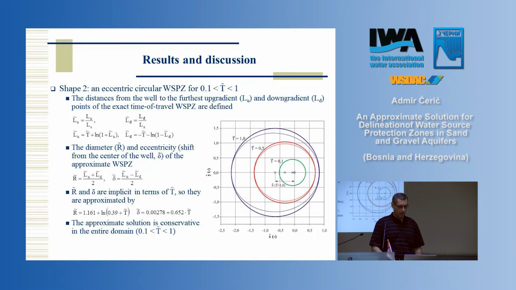Similarly, when we look at the next case, which is the eccentric circular water source protection zone for any residence time between 0.1 and 1, we can define a circle around this well, and also define the eccentricity of the water source protection zone by evaluating upstream and downstream lengths of the exact water source protection zones, which can be easily derived from the initial equation that was presented on previous slides.